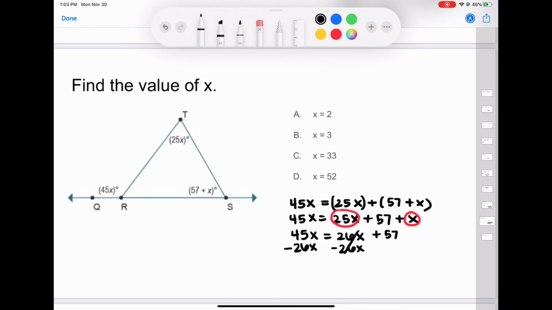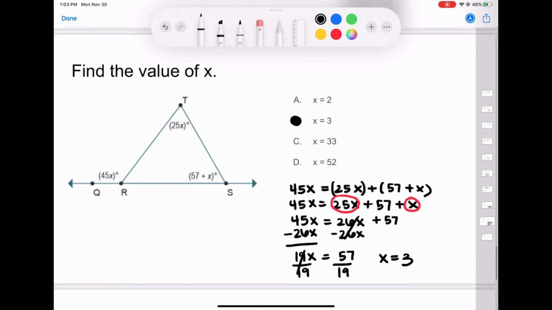So 45x, 45 minus 26, 19x. So 19x equals 57. Now I'm going to divide 19 on both sides. Which tells me that x is equal to 3. So x is equal to 3, and thus I have my answer.